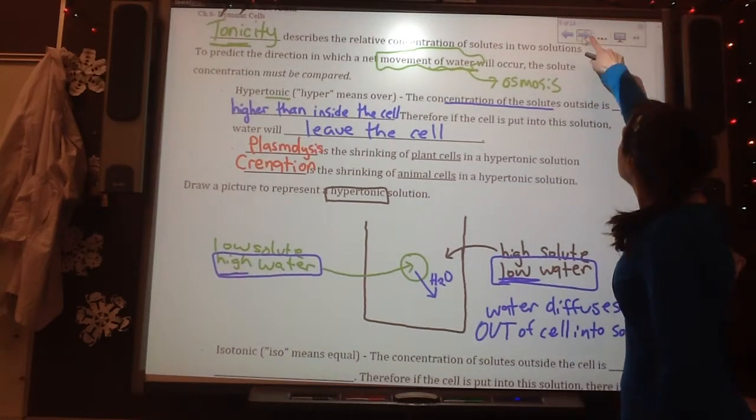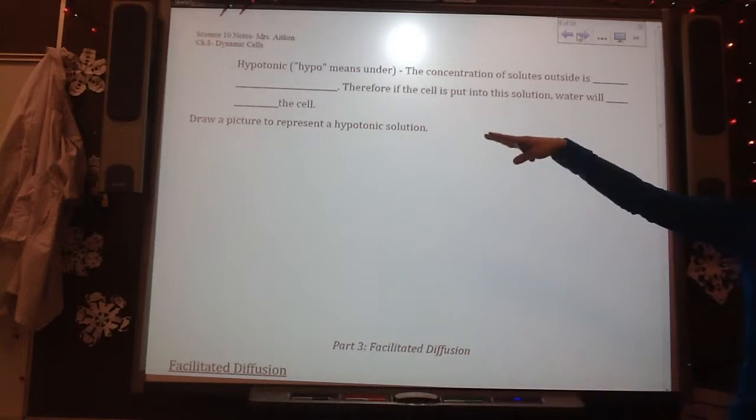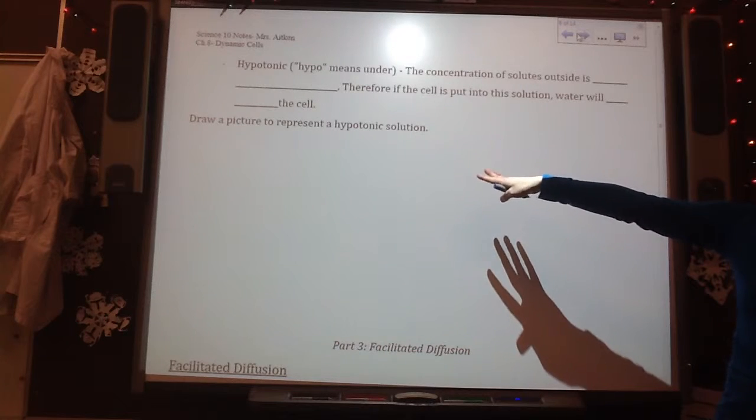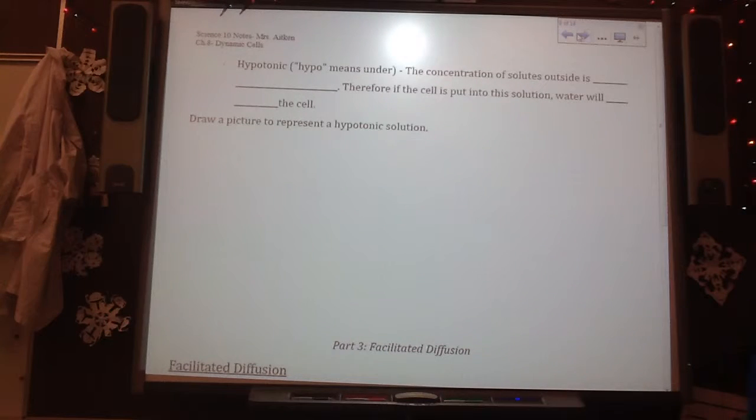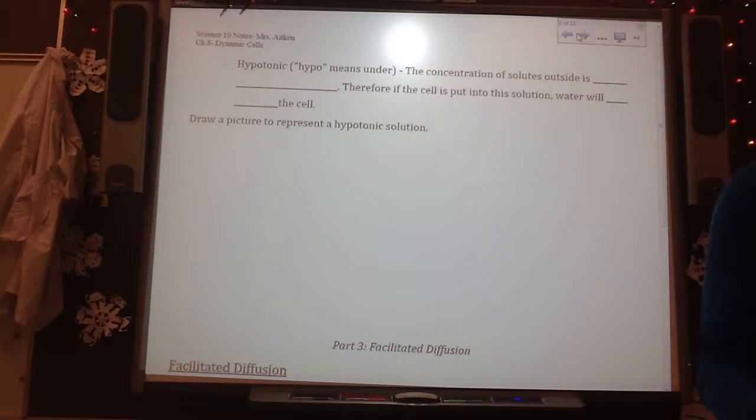Okay, next I actually want to skip iso, and we'll do hypo first and then I'll do iso last. Yeah, I'll do isotonic last. It'll be better this way. So hypo means under, so less.